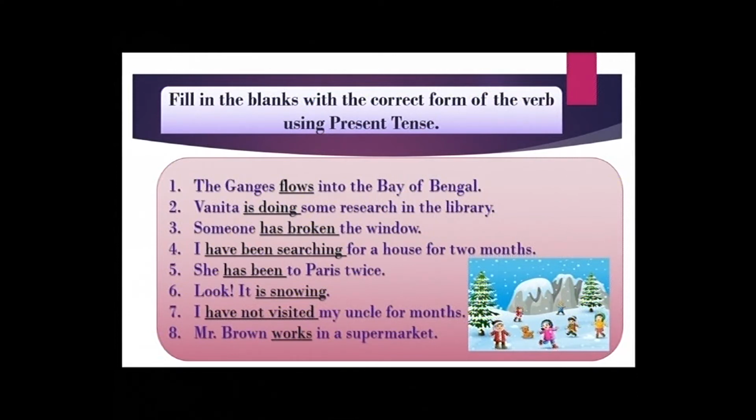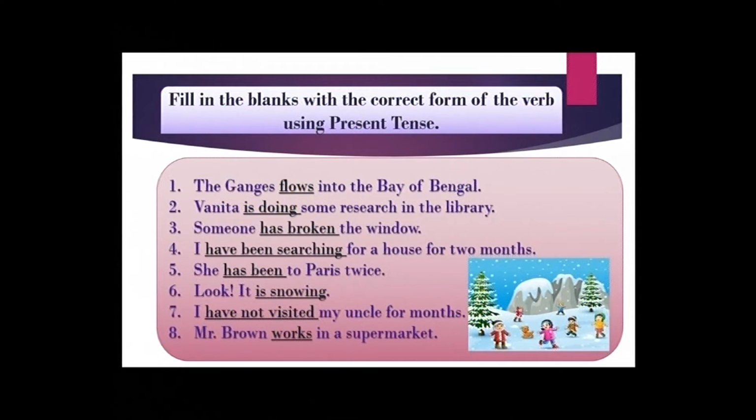Fifth, she has been to Paris twice. It is present perfect. Sixth, look, it is snowing. So, it is present continuous form.